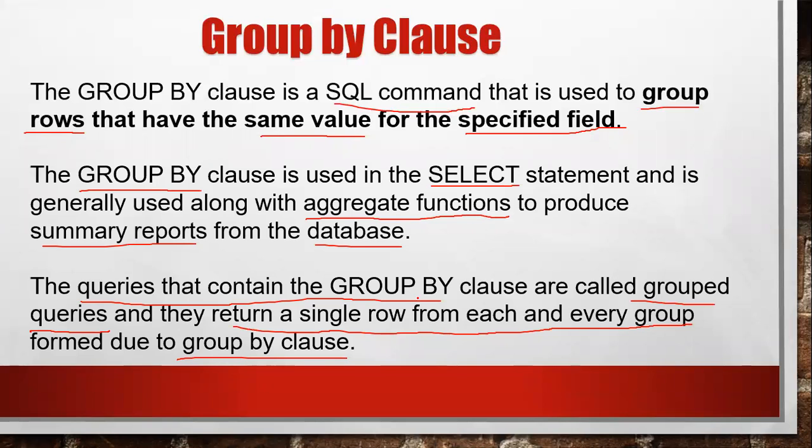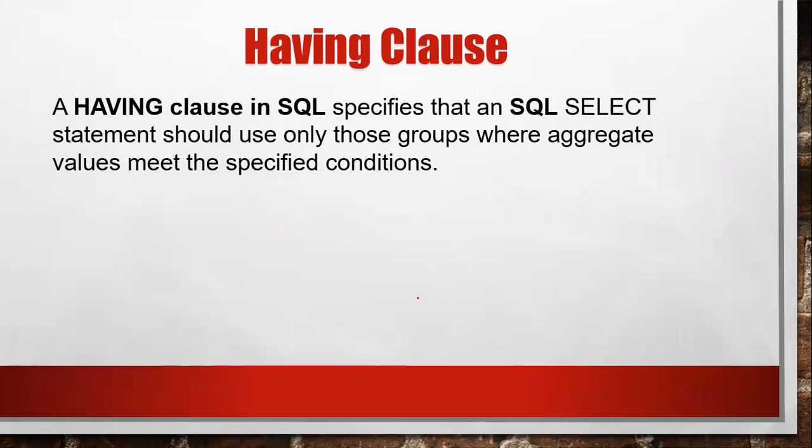And now along with the group by clause we have already studied the having clause, so let's see that one also. What are the basic points related to the having clause? The first point is that a having clause in SQL specifies that an SQL select statement should use only those groups where aggregate values meet the specified condition.